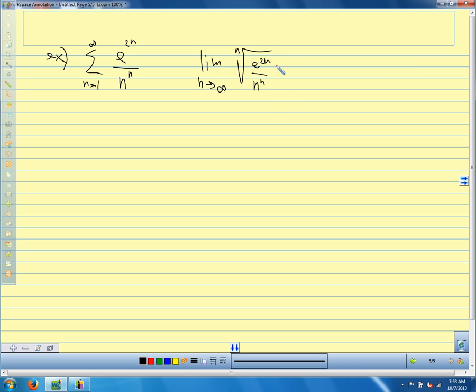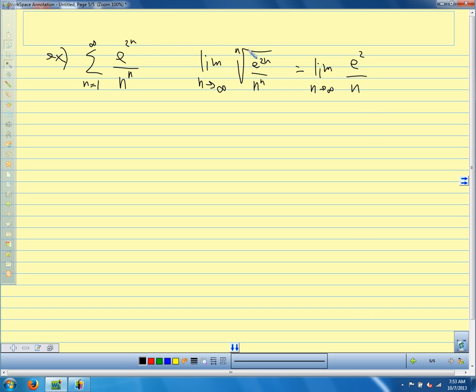And what is this limit? How does this simplify? E squared over n. That's an easy test. Ratio test, much more difficult with this example. It's doable, but much more difficult.